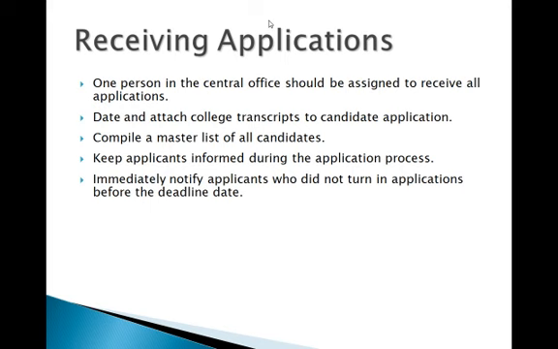A couple of items to keep in mind when dealing with applications is how are they going to be handled. I would suggest to you that databases are important components of keeping track of all this information that will be coming in, all of the things that you will require of a candidate. Transcripts, official transcripts usually is the way to go for two reasons.